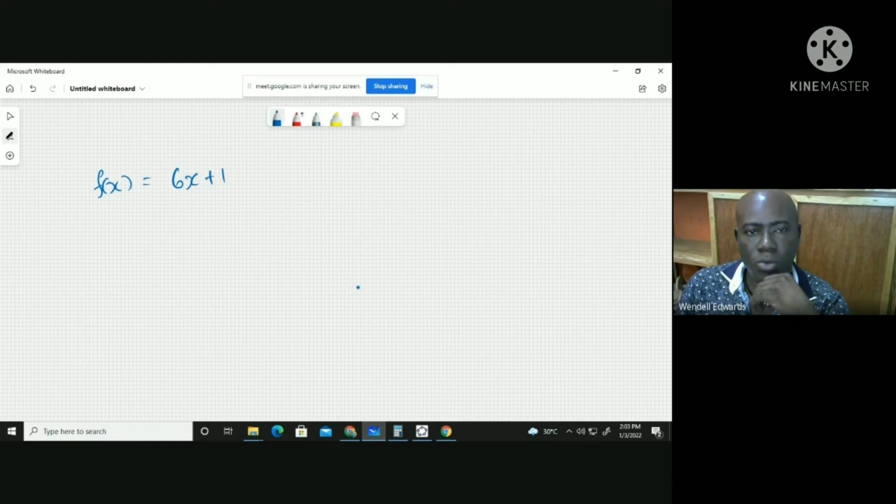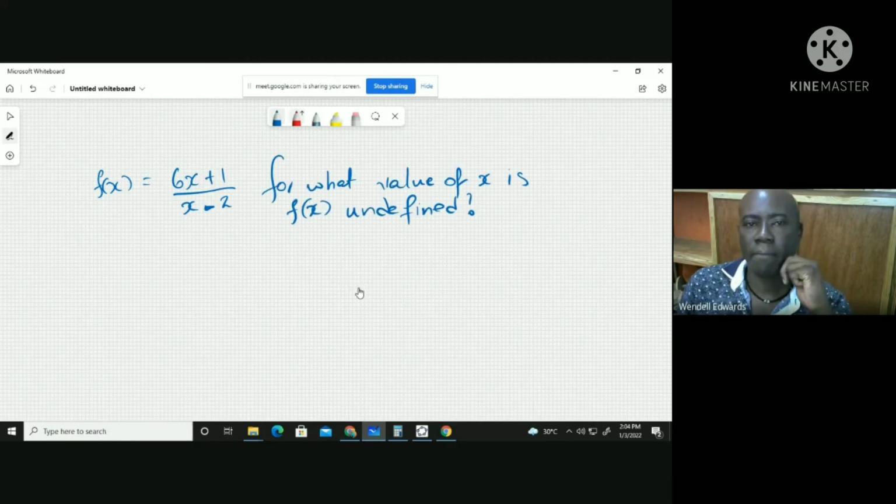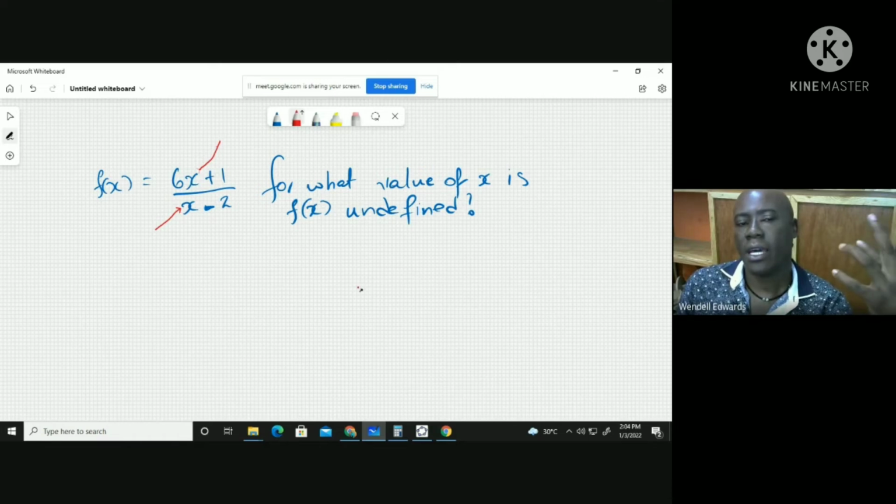6x plus 1 over x minus 2. And then the question again is, what value could I put here or there? That's what they're saying. And we will end up getting a situation where it's undefined. We can focus on an idea because this is a rational function.